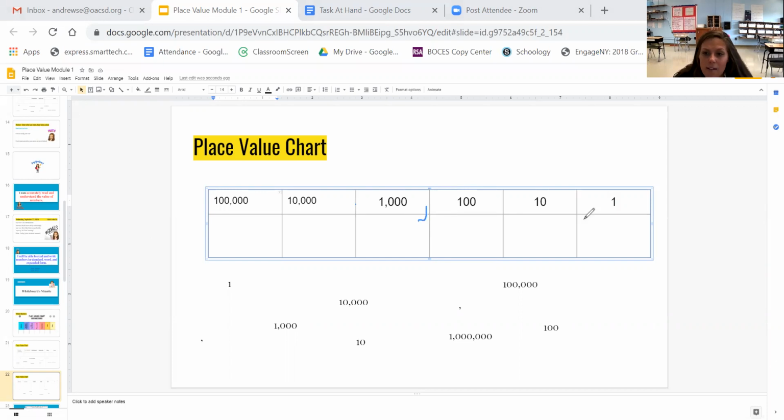If you can look at mine, I have ones, tens, hundreds, comma, cha, cha, cha, slide. And then we have thousands, 10,000s, 100,000s. If you want to take a look at mine.